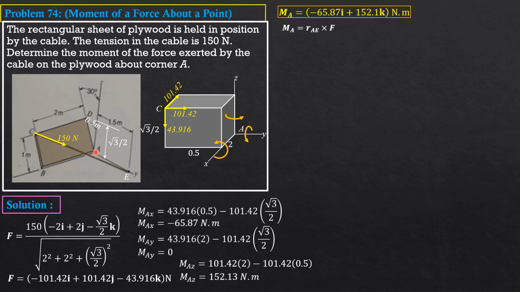It is also RAC cross F, but this is simpler because AE is just 1.5 j. That's the only component of this position vector. So 1.5 j, the rest X is 0, Z is 0. So MA equals 0, 1.5, 0, components of the force, then unit vectors.